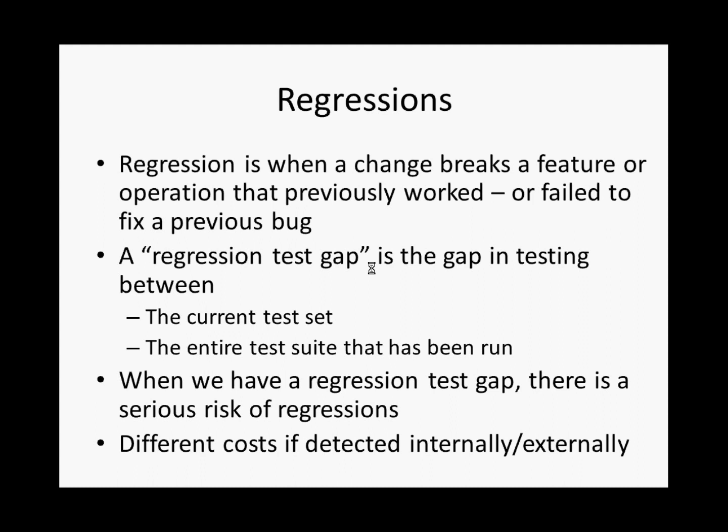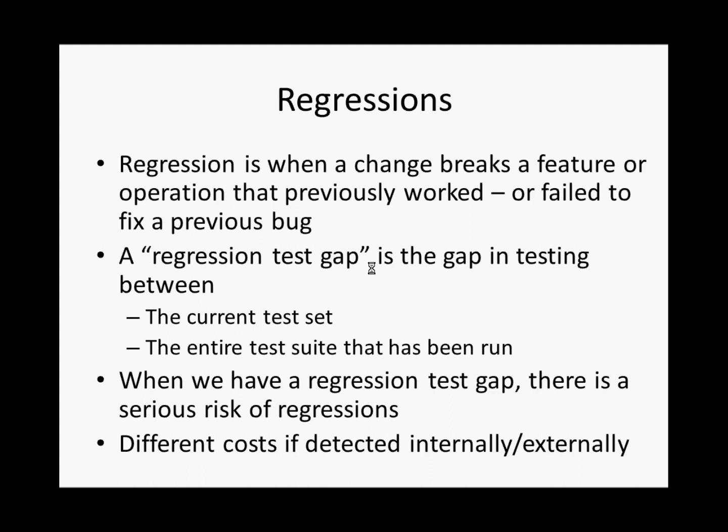Okay? So there may be a bug that was fixed before and now it comes back. We call that a regression. But another regression is this feature that used to work now fails to work. You can think of the bug there being, there was no feature previously, and now that's reappeared as a state.